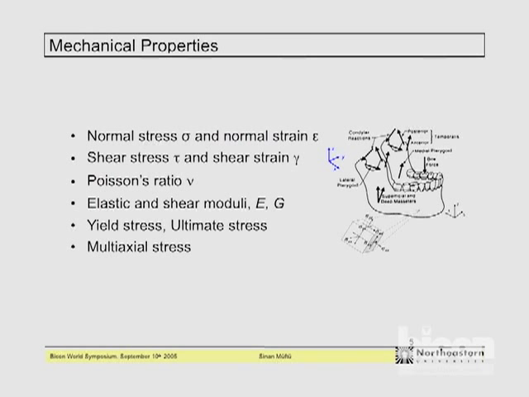When we look at these, we will see that mainly these are normal stresses and shear stresses. We'll talk about them, and they cause normal strains and shear strains. We are then going to talk about the definitions of elastic and shear moduli, and then we'll talk about multiaxial stress just a little bit.